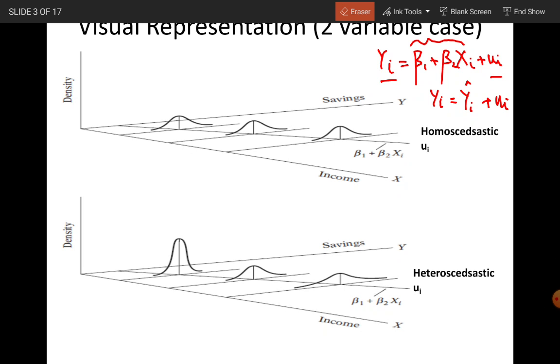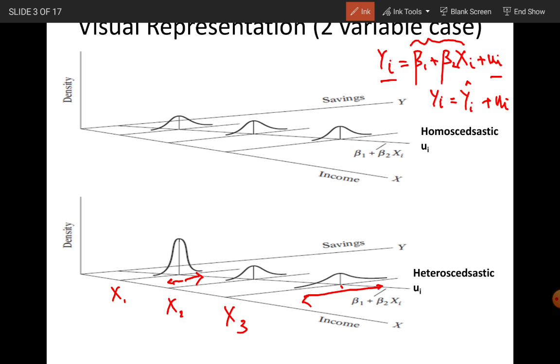If I call this value the first value of x, the second value of x, and this the third value of x, then for the third value of x, the distribution of observed yi from the estimated mean yi is much larger than for x1, where the distribution around the mean is over a smaller range, right?